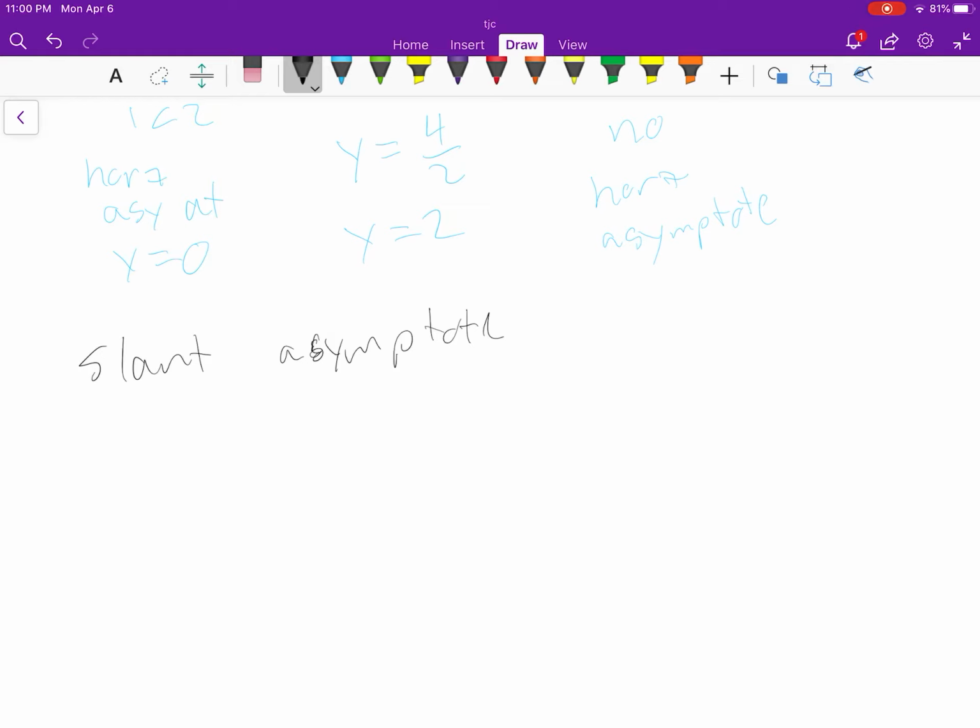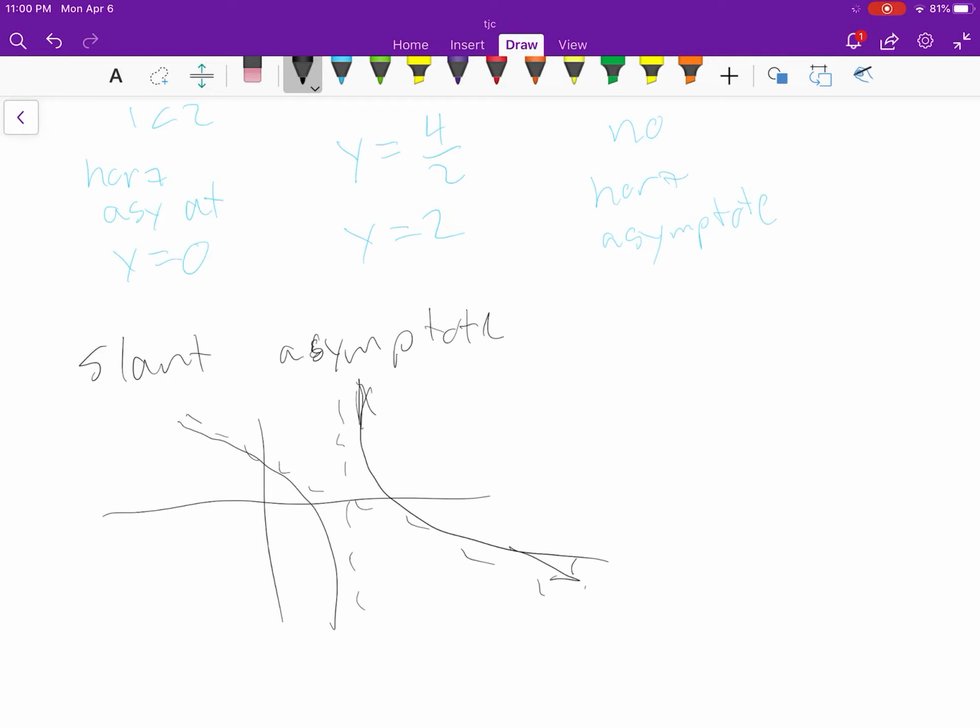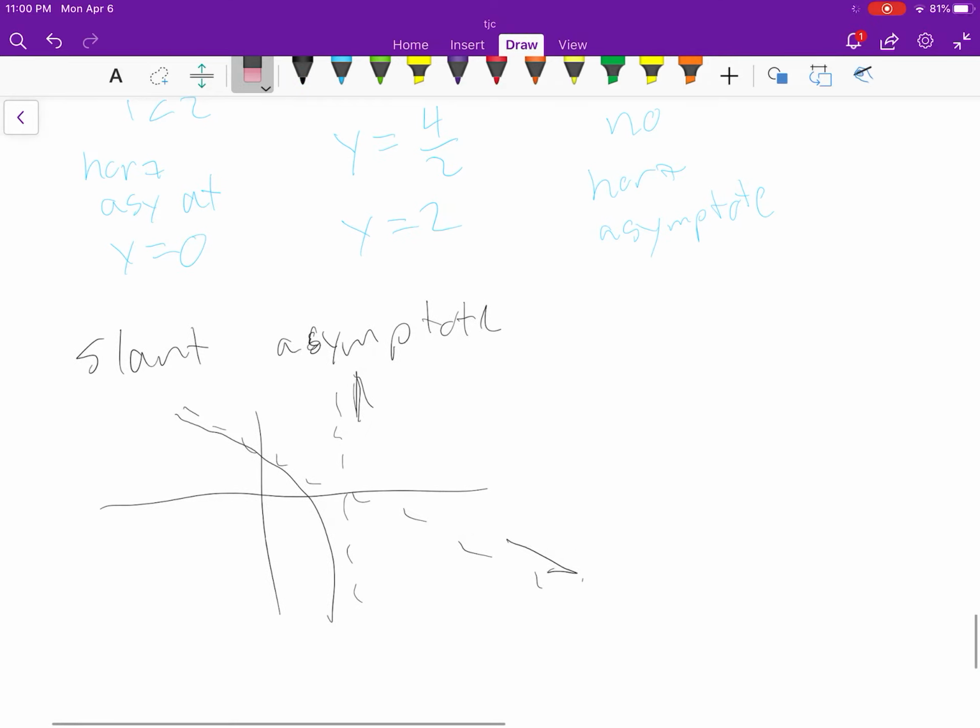So you might have a vertical right here, and you might have a slant right there, and then your lines might look something like that. Okay. So we have a slant. The slant asymptote is right here.